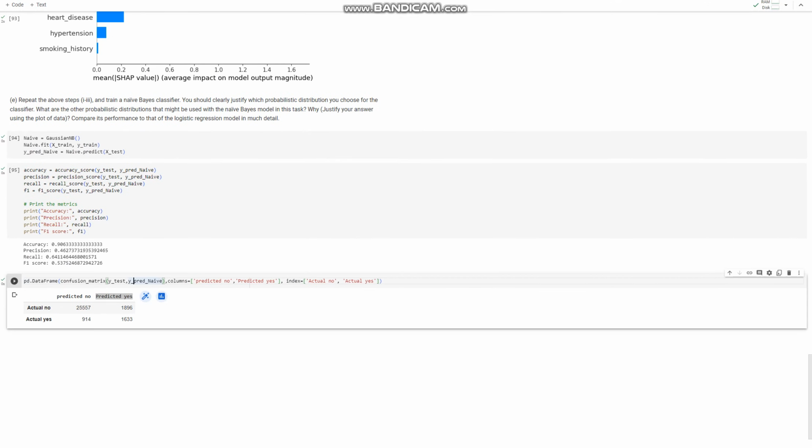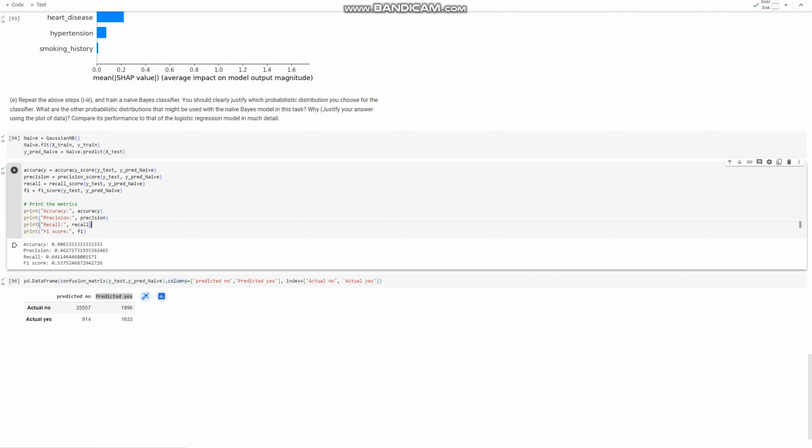So naive Bayes is more likely to predict someone has diabetes when they actually don't. So for task 1, the logistic regression was able to beat the naive Bayes model.